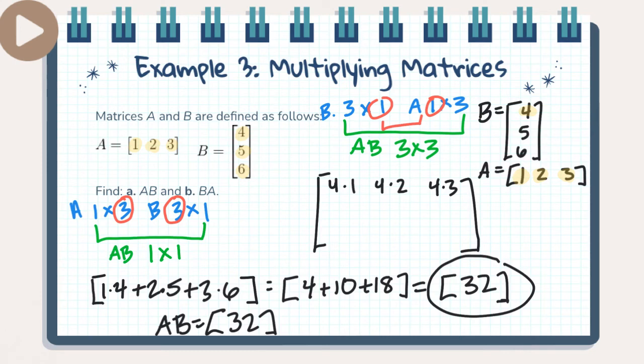And now I need to multiply 5 times 1, 5 times 2, and 5 times 3.